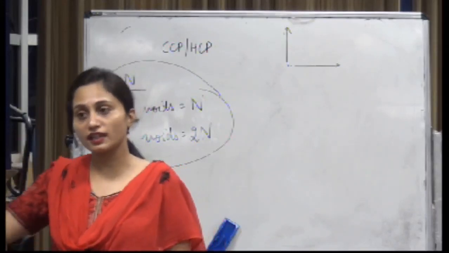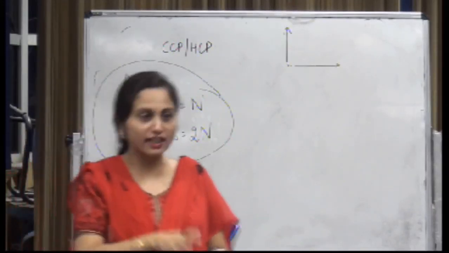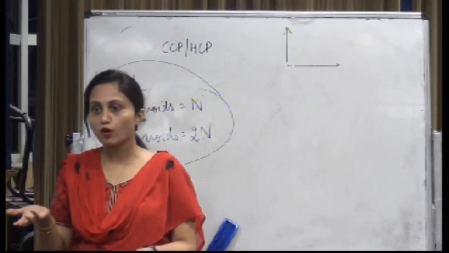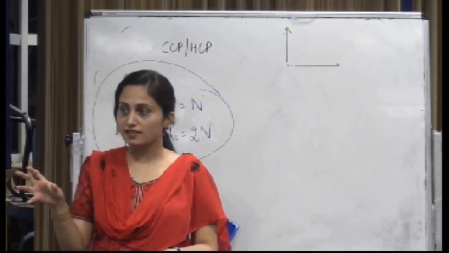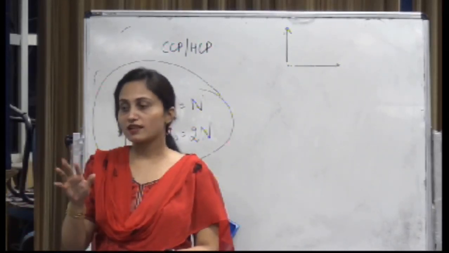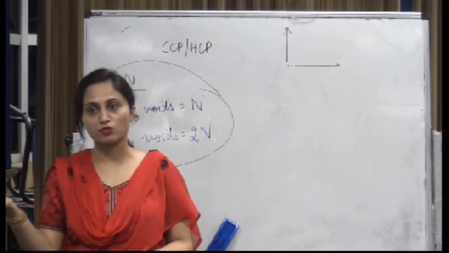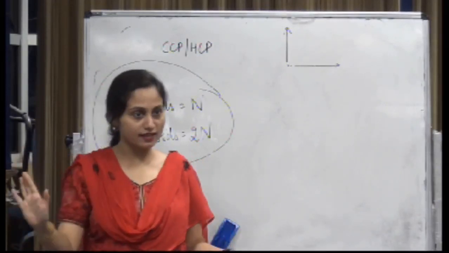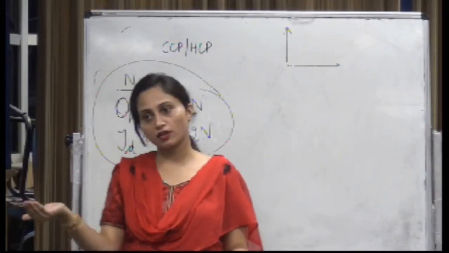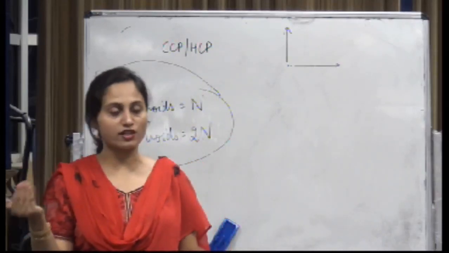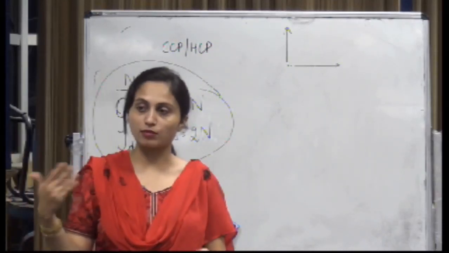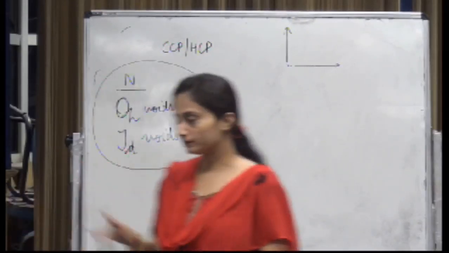Why? Because as many atoms as there are, there were that many lattice sites, then only a solid will be formed. So the number of lattice sites will be equal to the total number of atoms only. This clarity is there. The number of octahedral voids will be equal to n only, and the number of tetrahedral voids will be equal to 2n.